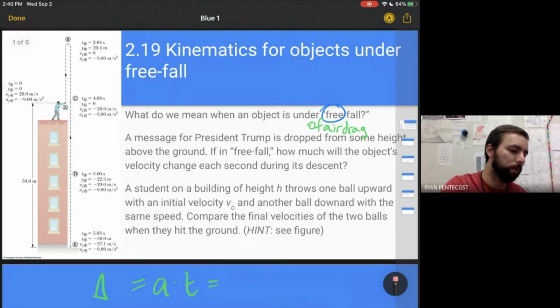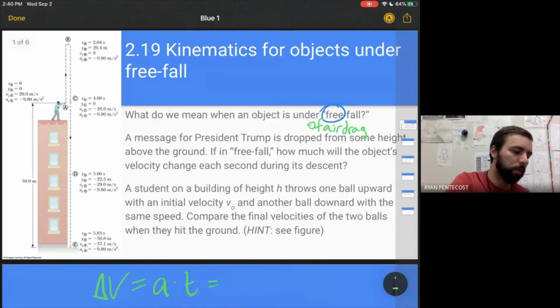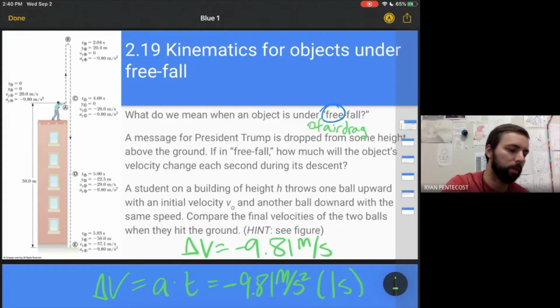So we know that the acceleration will be negative 9.81 meters per second squared, and that will be times 1 second. So the delta v will be negative 9.81 meters per second.